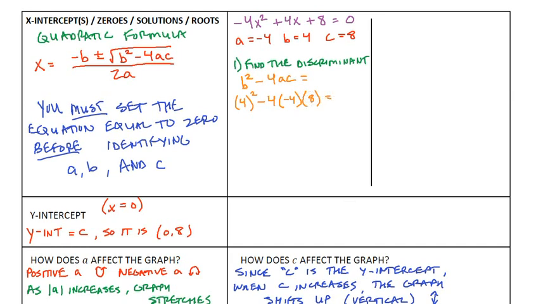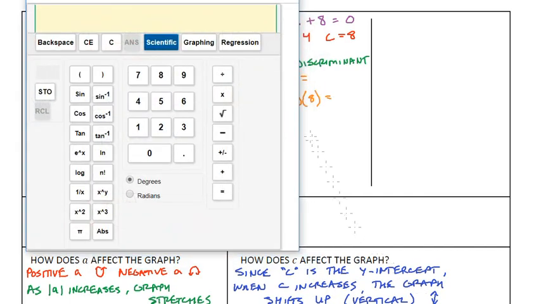Let's put that in our calculator: parenthesis 4 parenthesis squared minus 4, times parenthesis negative 4 parenthesis, times 8. Press equal, and we get 144. So our discriminant is 144.